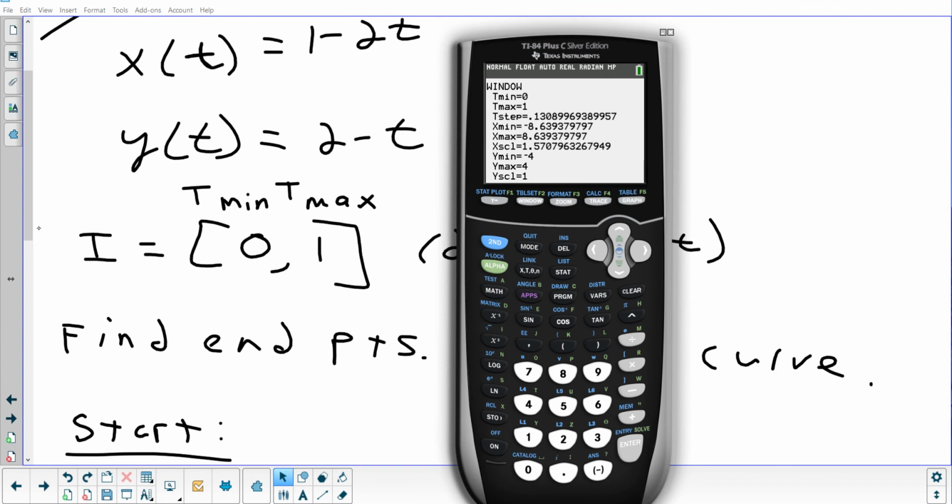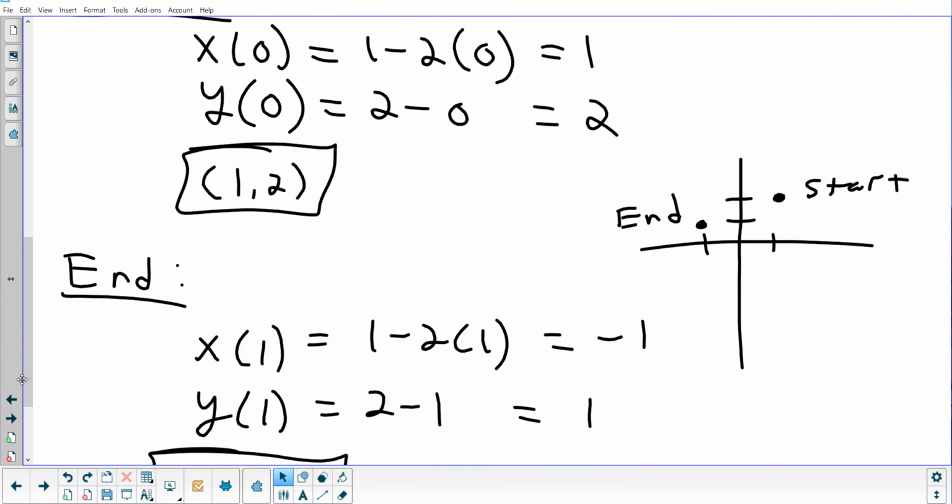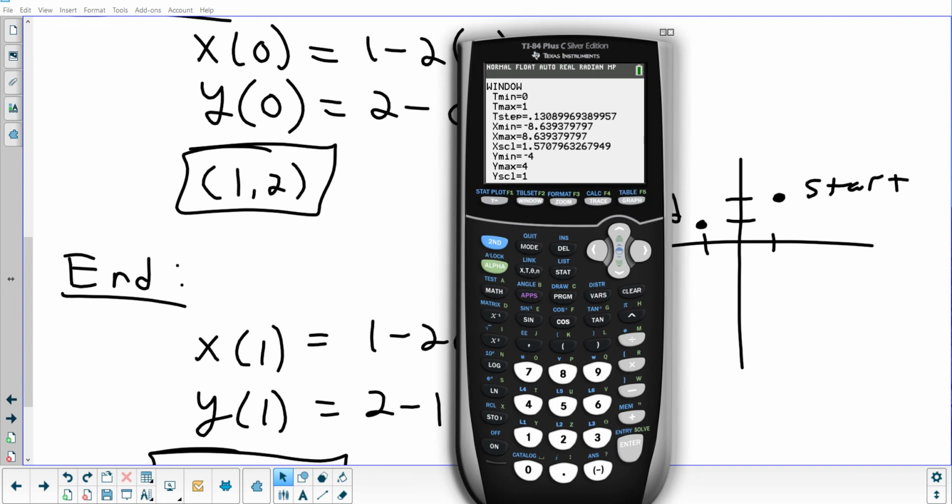Well, for the x min, x max, y min, and y max, if you had a graph that did negative 3 to 3, that's going to be more than enough to see what's going to happen here. Because it is a straight line segment, so I know it's not going to go off the screen. So negative 3 to 3, negative 3 to 3.